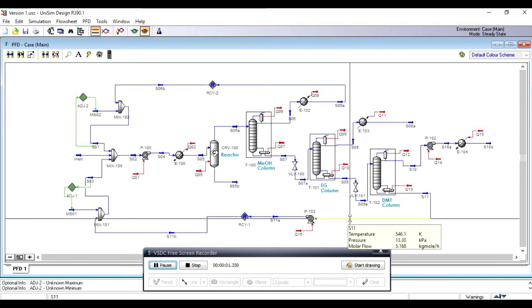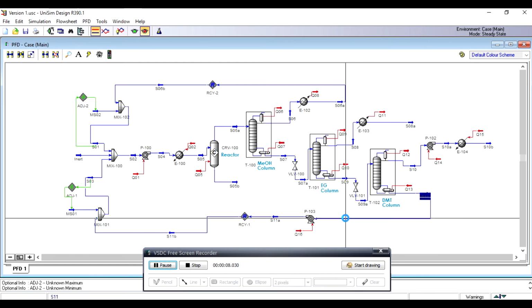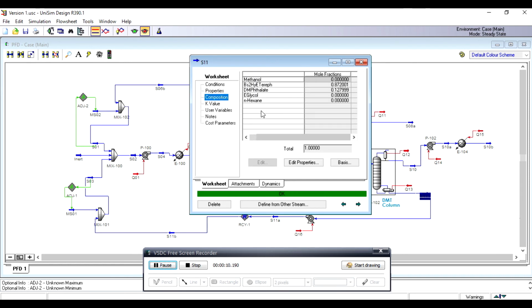The bottom recycle stream is the recycle stream of PET. For both versions, it contains not only PET but also a small amount of DMT. Therefore, the DMT will be recycled throughout the process until it is extinct.